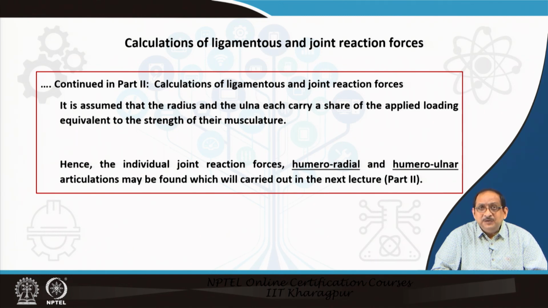Hence, the individual joint reaction forces due to the humeroradial and humeroulnar articulations may be found, which will be carried out in the next lecture. In this lecture, we have determined the magnitude and direction of the reaction force, assuming radius and ulna as a single bone. In the next lecture, the joint reaction forces will be calculated separately for humeroradial and humeroulnar articulations.